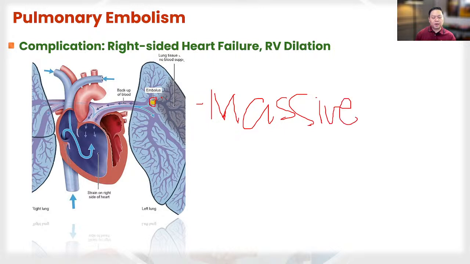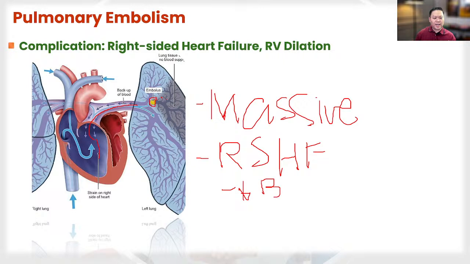This will really cause a huge effect on the cardiac function as well. So what's going to happen? This will cause stagnation and backflow of the blood into the right ventricle. This will lead to right-sided heart failure. When the right-sided heart failure occurs, of course, you're going to expect a drop in the blood pressure, right? And why? It's because the cardiac output is decreased.